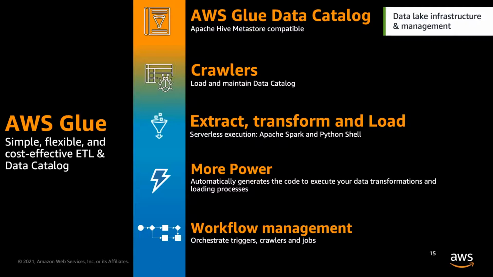You can use the APIs, you can use the console, or you can use crawlers. Crawlers crawl your data sources, scan the data, infer the schema, and populate the data catalog. So now you have the data catalog, and downstream applications can start reading the data.